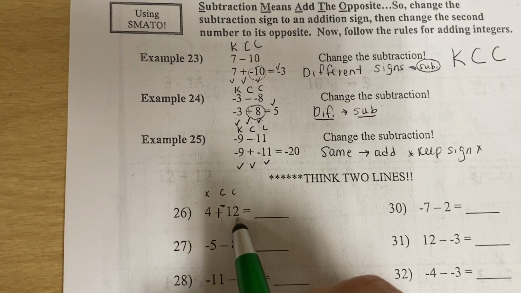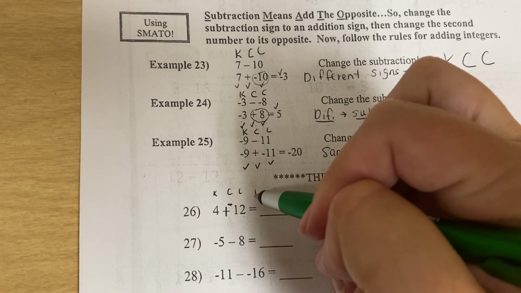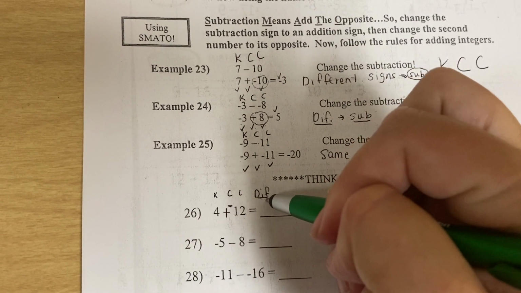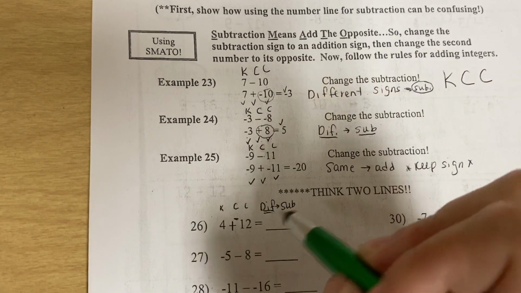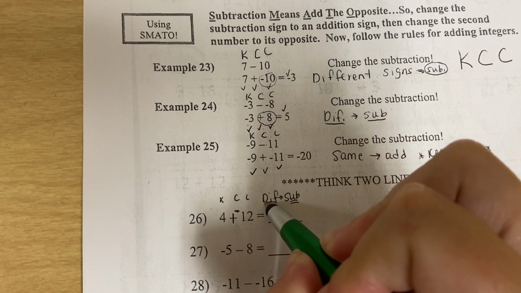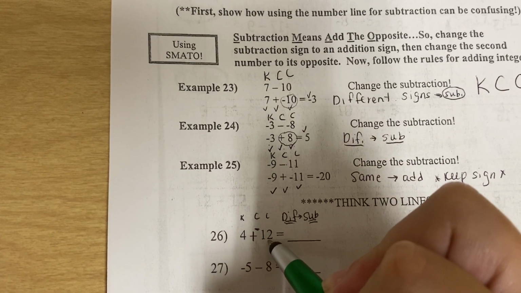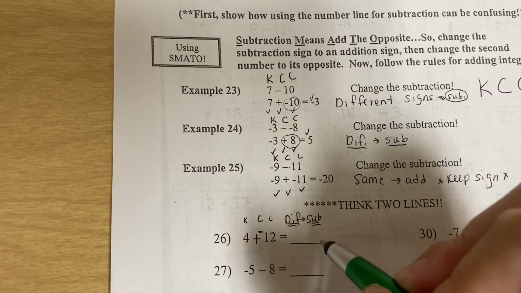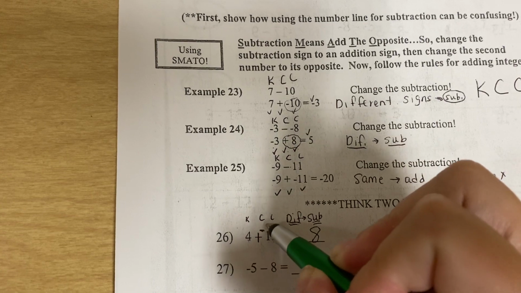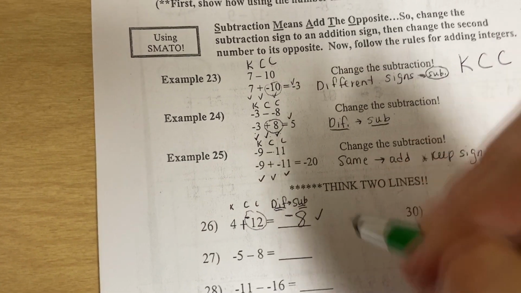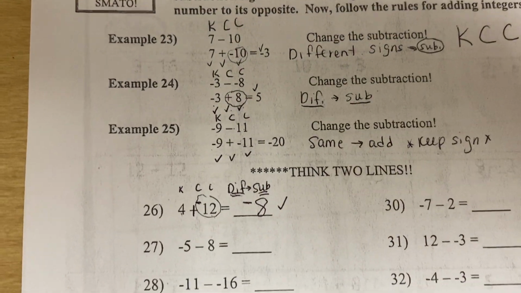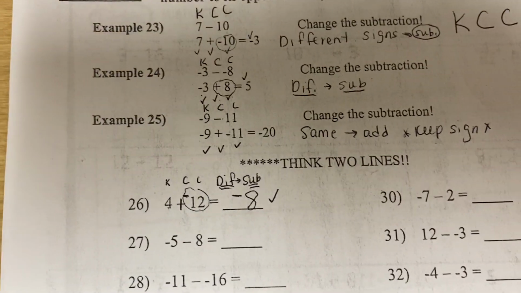Different signs, I'm going to write "diff" for different, and then sub. You can do a little arrow. That's telling you different, subtract. 12 minus 4 is 8, and I circle the larger number, so negative 8. These little notes will help you memorize the rule.